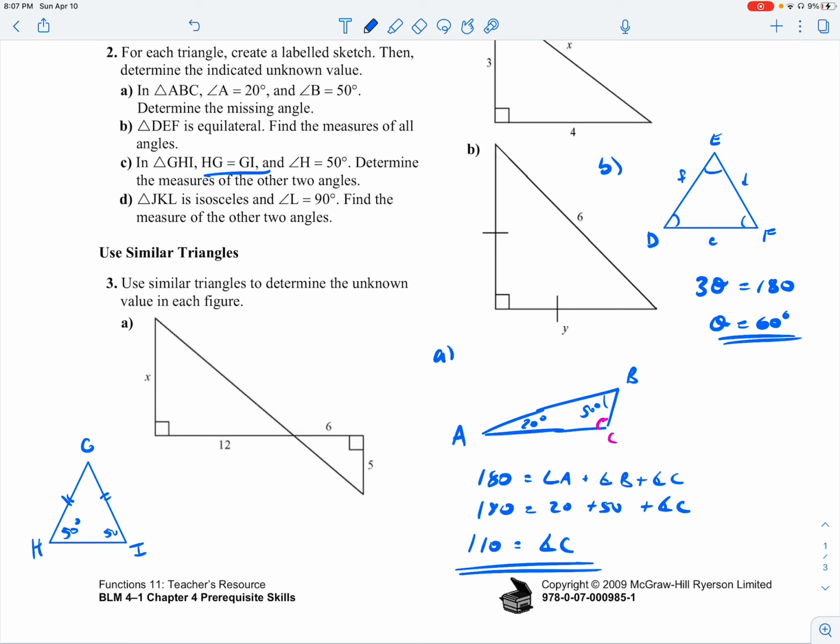That means this other one is also equal to 50 because they have equal side lengths. Remember, an angle of opening always corresponds to the side length opposite it. The bigger the angle is, the larger the side length is. If these have the same side lengths, then their angles must be the same. So we have 100 there. That means there must be 80 left over, because they all need to add up to 180.